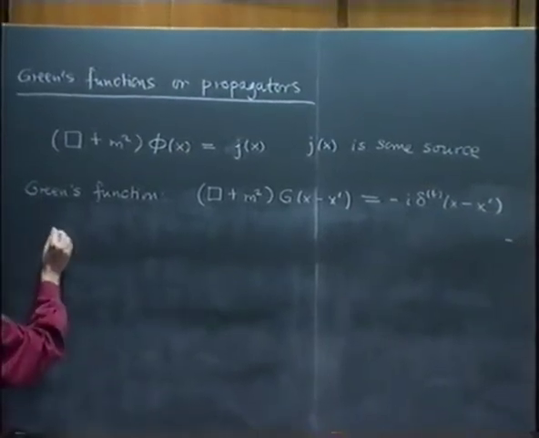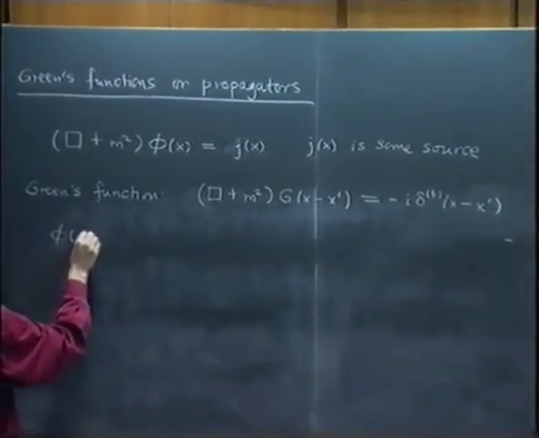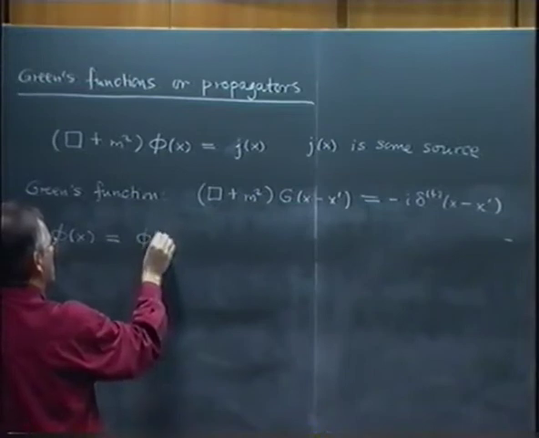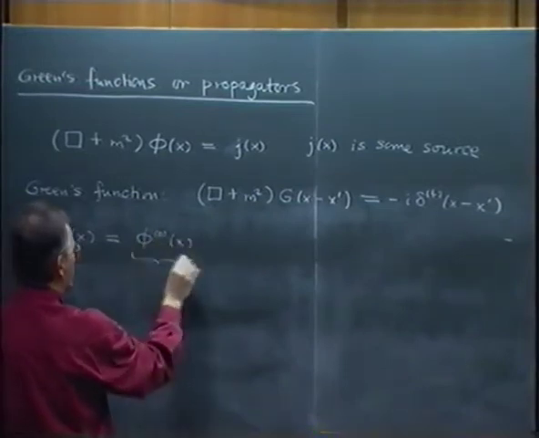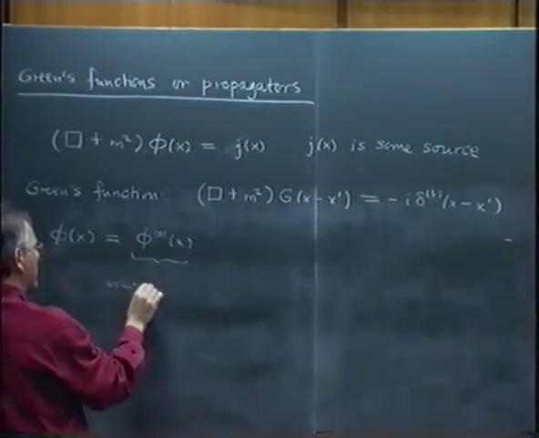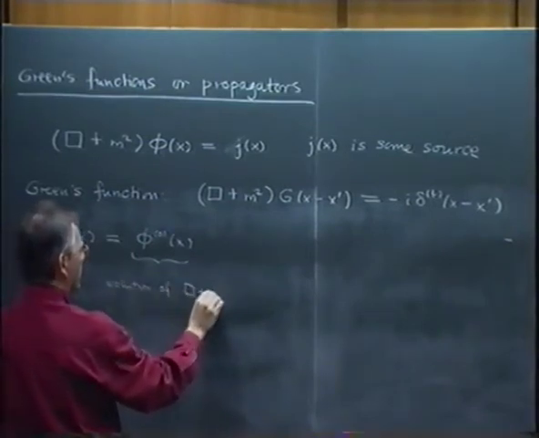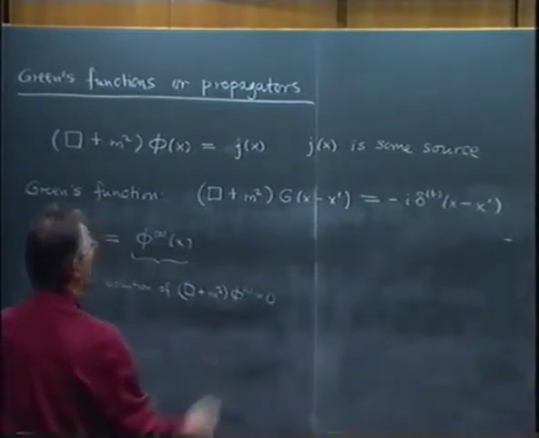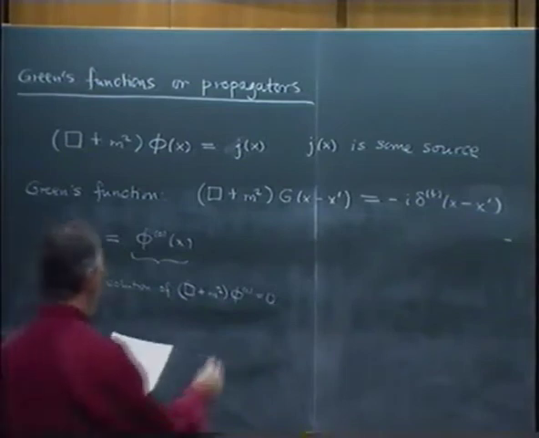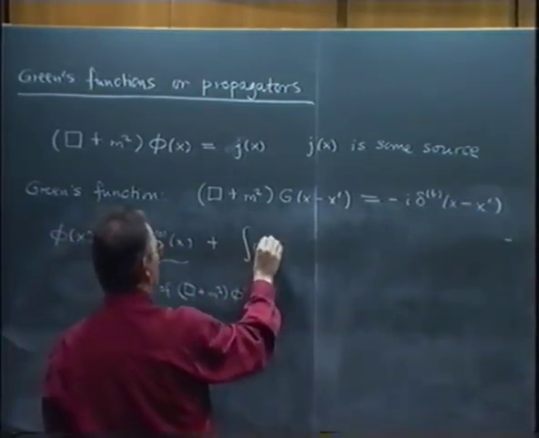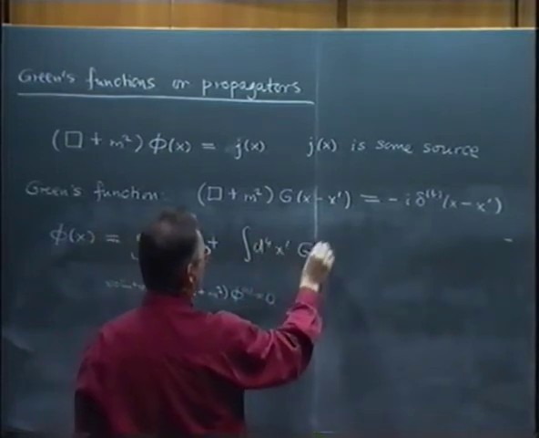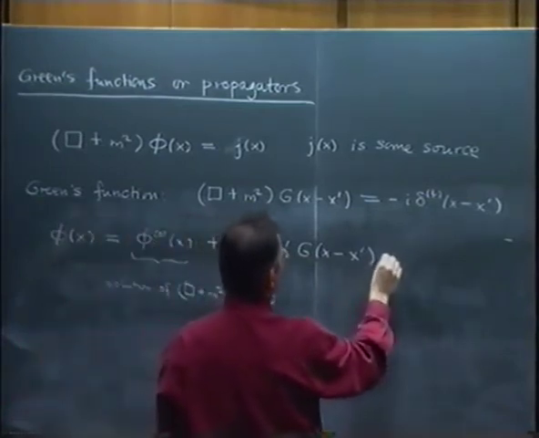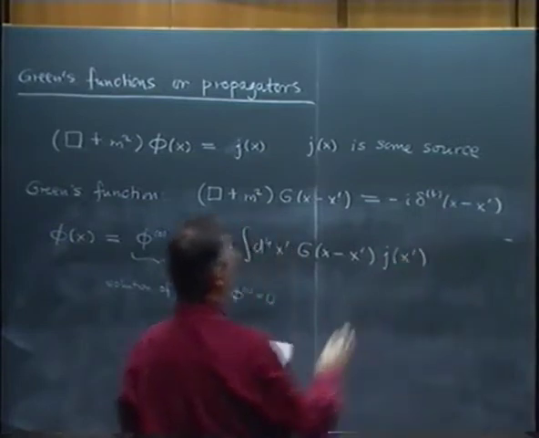So this can be rewritten as pi of x is equal to pi 0 of x. So this is the solution of the homogeneous equation. Homogeneous means without the source. And then we have an integral operator, which is written like this. The integral over x prime, g of x minus x prime. And I should put an i here, times j of x prime.